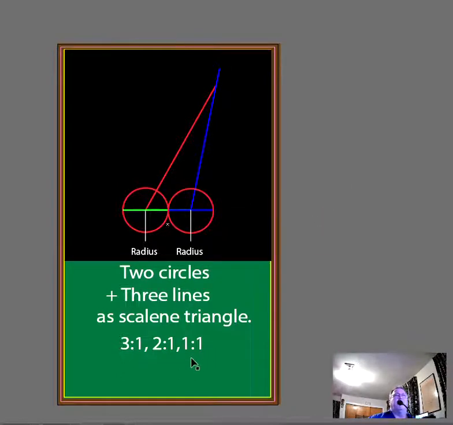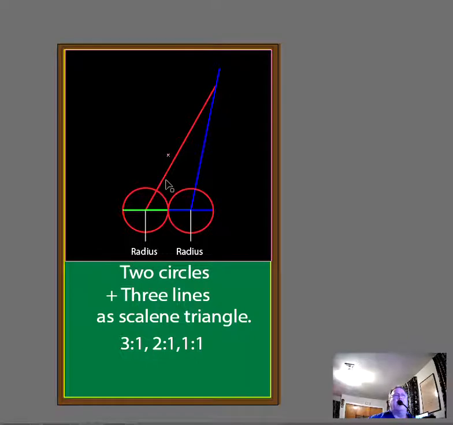But what's interesting is you can calculate through geometry and create a scalene triangle that actually has one side of the triangle, which would be the red side here, which is the same length as what the circumference of a circle could be.